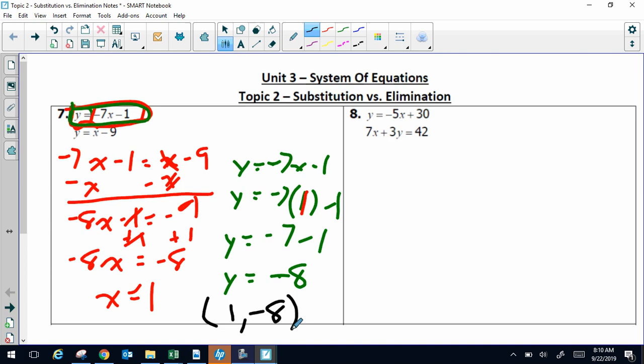So again, identify, do you have a variable by itself? And we do in this case, right here in this first equation. So I'm going to take this part of the equation right here and put it where the y is.